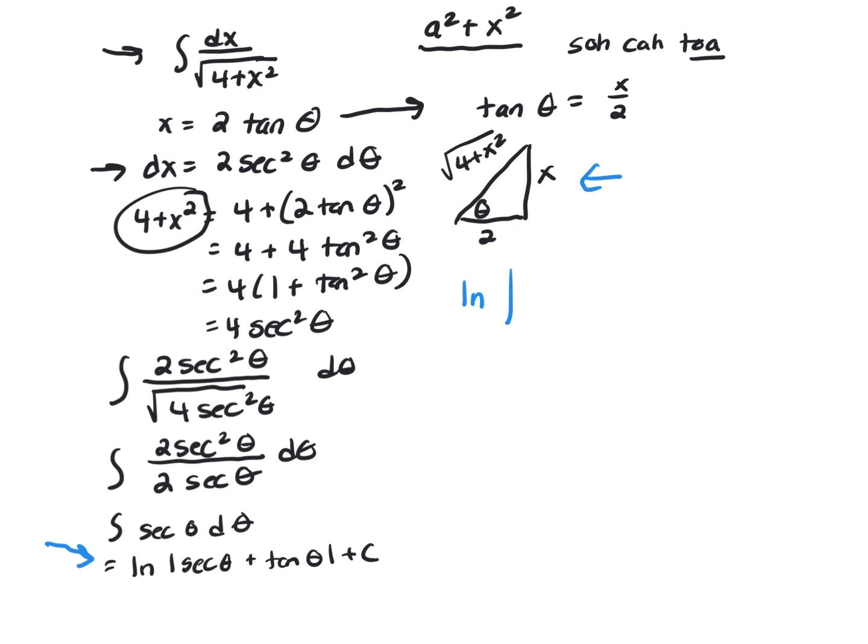Secant will be 1 over cosine, so we're going to switch these. That would be hypotenuse over adjacent. Hypotenuse is the square root of 4 plus x squared, and adjacent is 2, plus what? Tangent theta. We know tangent theta is x divided by 2, plus your integration constant.